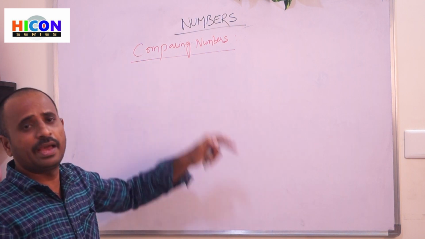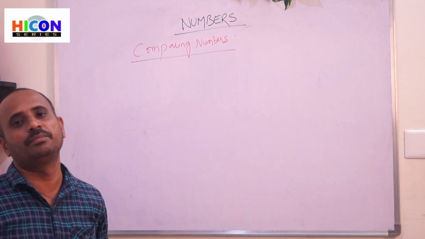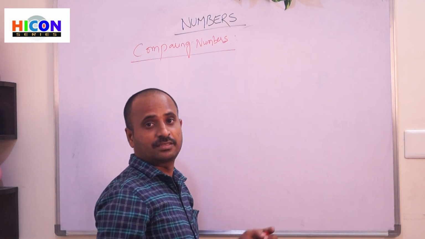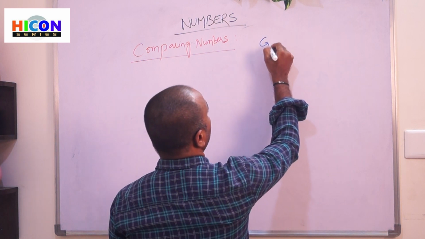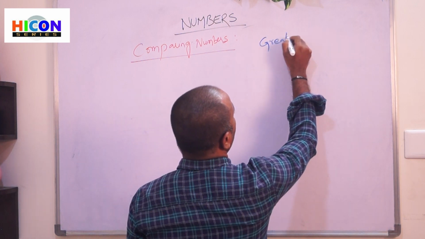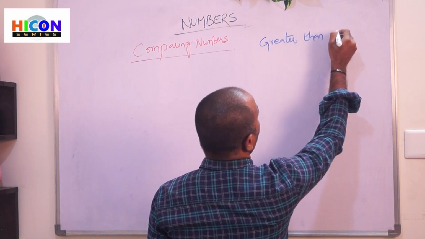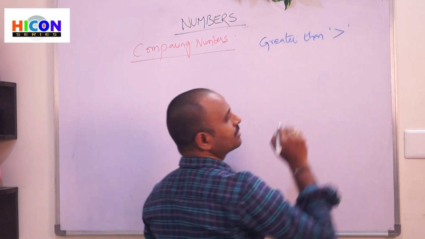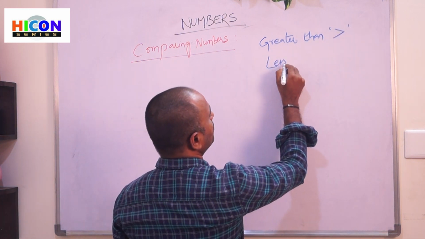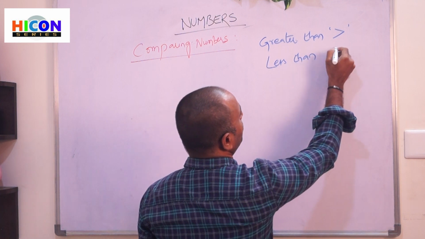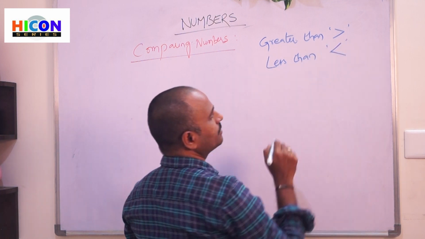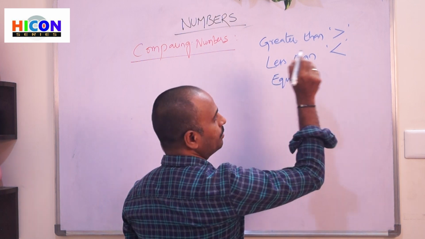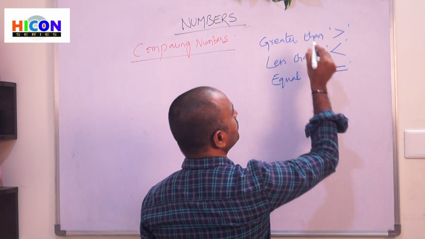Generally, while comparing numbers, we use some symbols. The symbols are greater than, less than, and equal to. The first symbol is greater than. The greater than symbol is like this. And less than is like this. And equal to is like this.